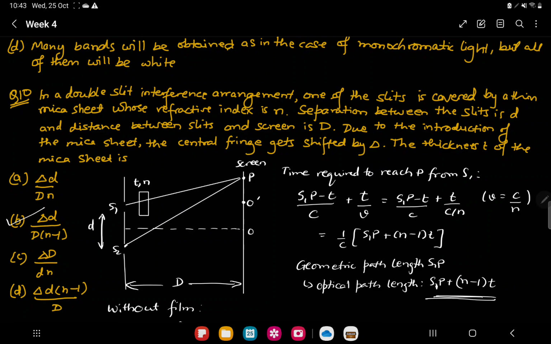So when we cover one of the slits in the double slit experiment with some sheet, like a mica sheet, the interference pattern remains the same. I mean, the fringe width remains the same. The only thing that changes is that the fringes get shifted. The central fringe gets shifted by a certain distance, and this distance depends on various parameters.